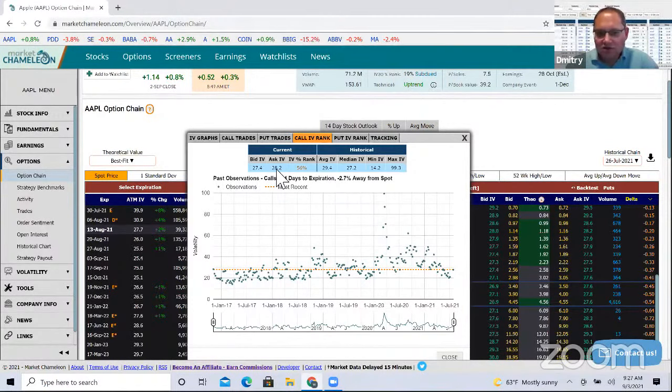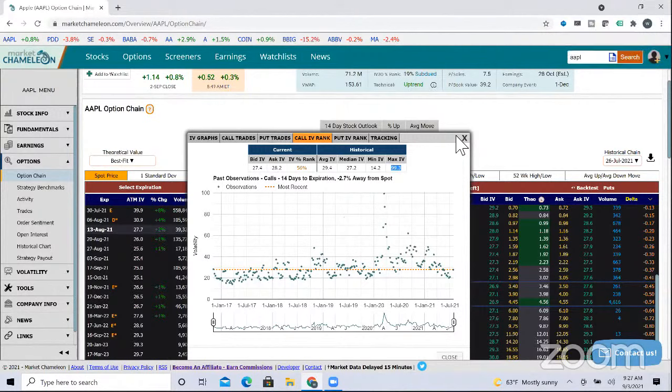Here we see this is the latest. This call is in the 56th percentile at this date. Here's the average implied vol this particular call traded at. This is the median, this is the low, and this is the high. So you can see the entire history. Oh, that's great. Right there.